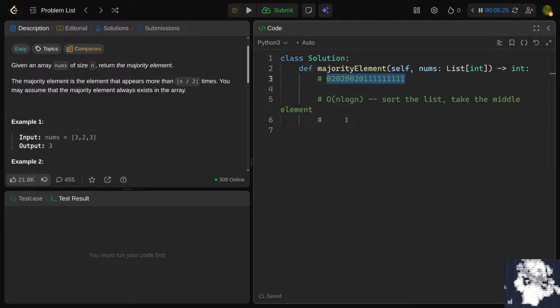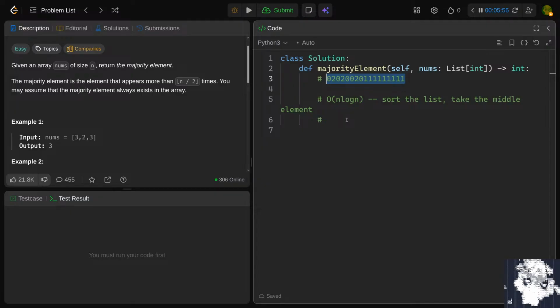So I'm trying to think if there's a way to do some kind of bucket sorting. Bucket sorting can be efficient when you have a bound on the size of the numbers.